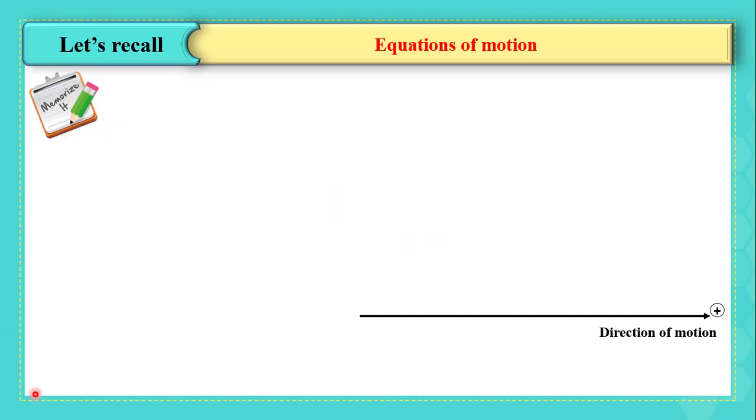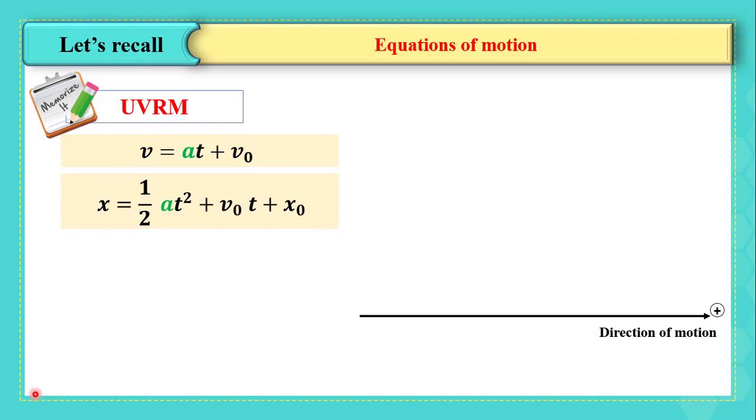Now let's move to the other type of rectilinear motion, which is the uniformly varied rectilinear motion. In such types of motion, v equals at plus v0, x equals half at square plus v0t plus x0, and the distance traveled is equal to the absolute value of x minus x0, which is equal to the absolute value of half at square plus v0t.